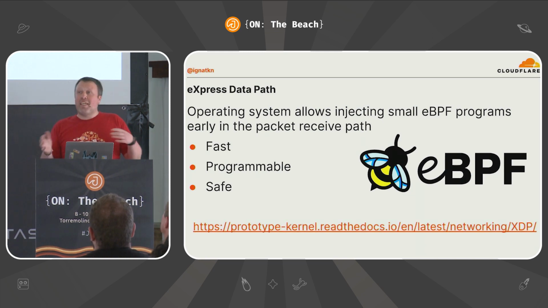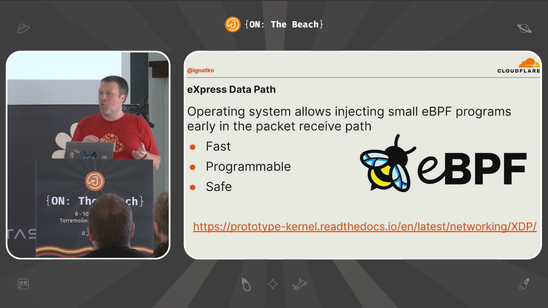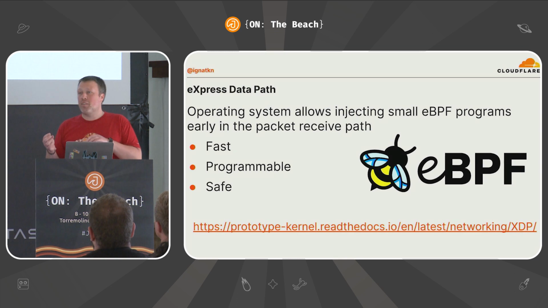The idea of XDP is that you can write your firewall rules in the eBPF programming language and run those rules inside the NIC driver, or, if modern network cards support this, inside the NIC itself.